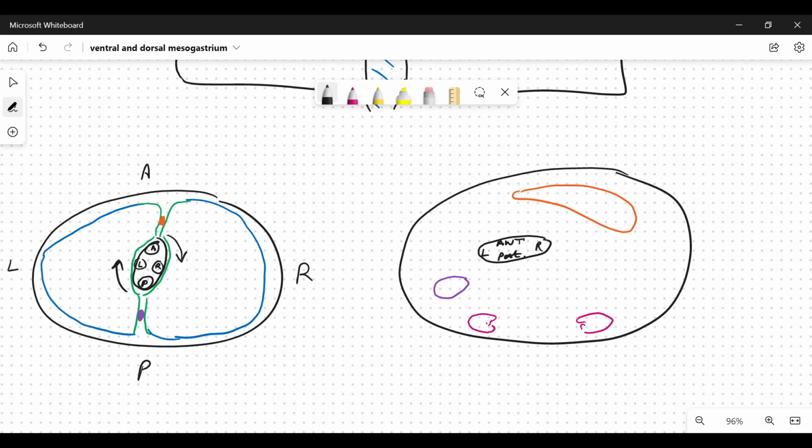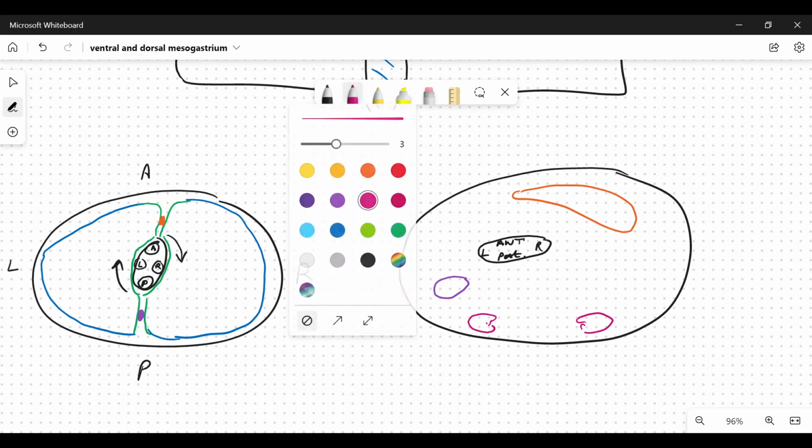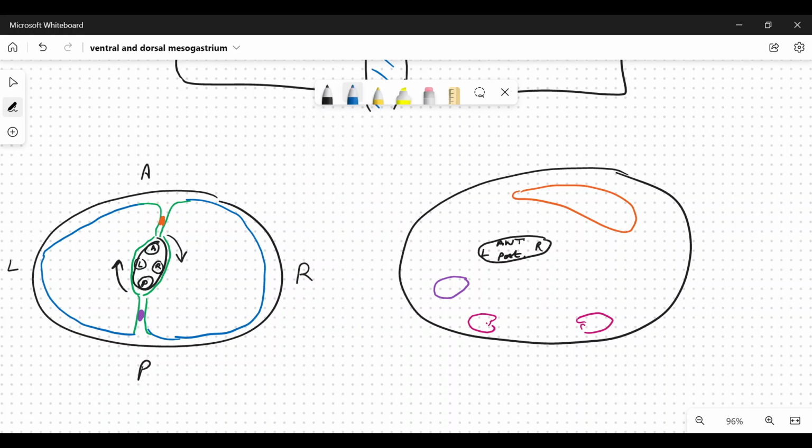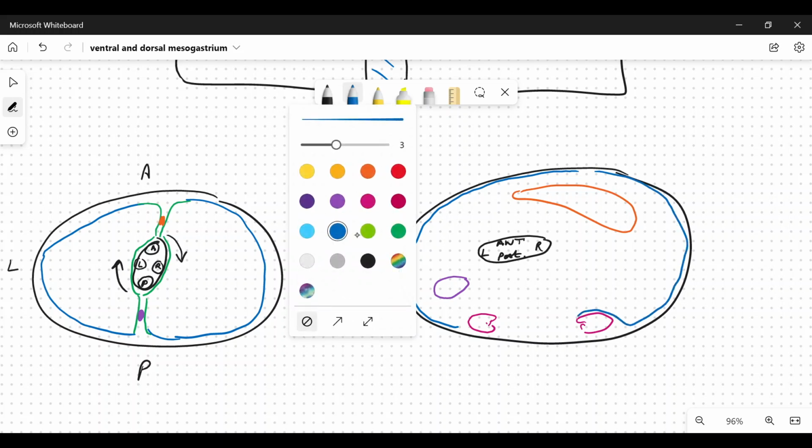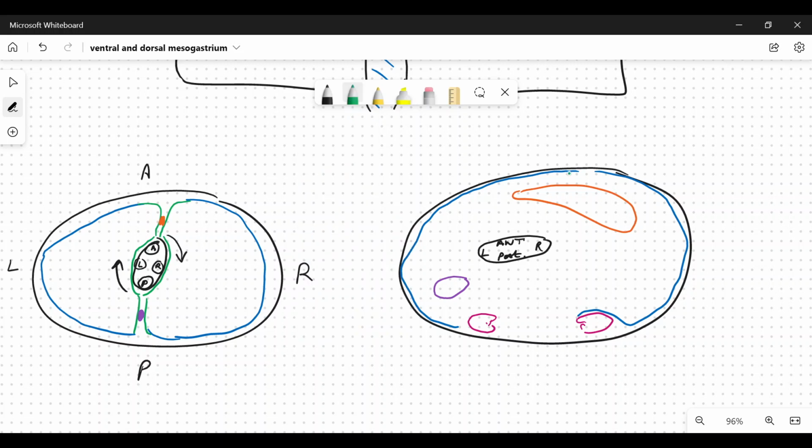Right. Now let me first draw the parietal peritoneum, which lines obviously the inner aspect of the body wall. Okay. Then let me draw the visceral peritoneum. Number one, this ventral part of ventral mesogastrium still connects the anterior abdominal wall to the anterior surface of liver.